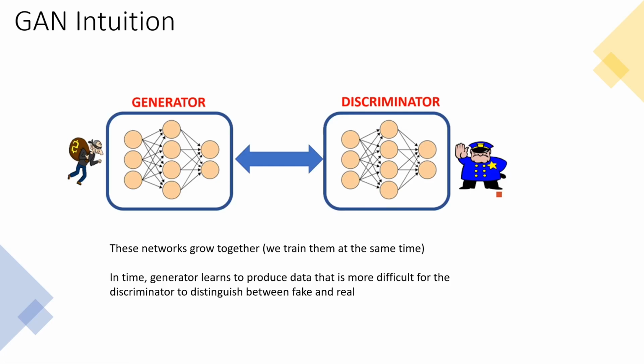It's not as easy as training a convolutional neural network. It's a bit more complicated. We will need more operators, but what you need to remember is that these two competing networks in GANs grow together. You train them together. It's not like you train the discriminator first and the generator afterwards. You train them at the same time.